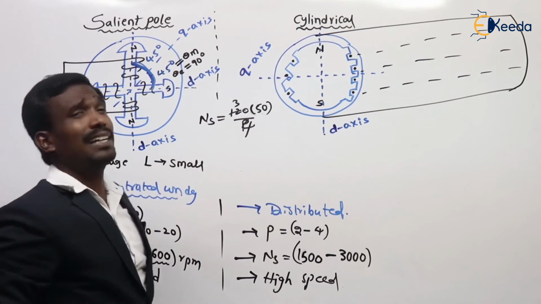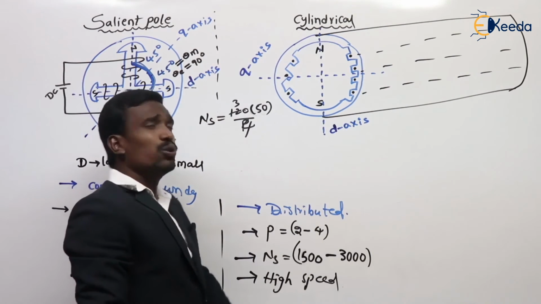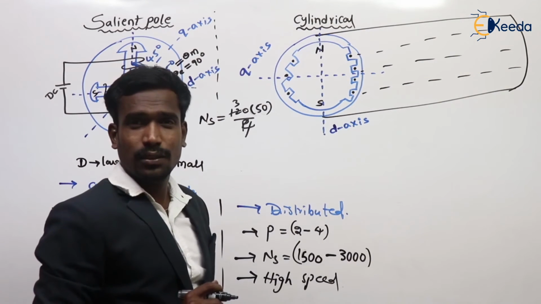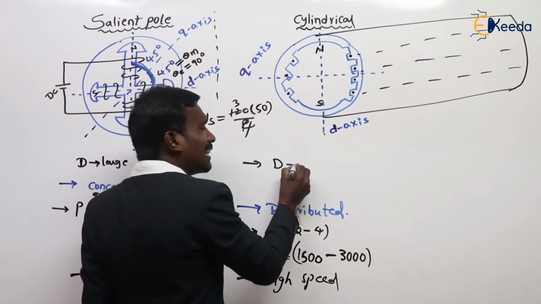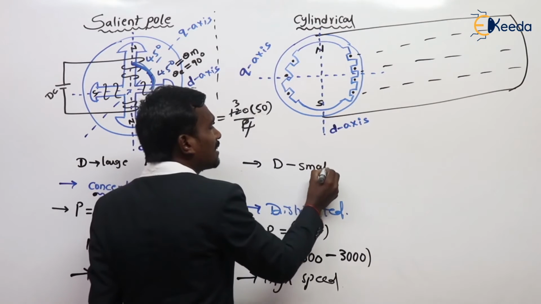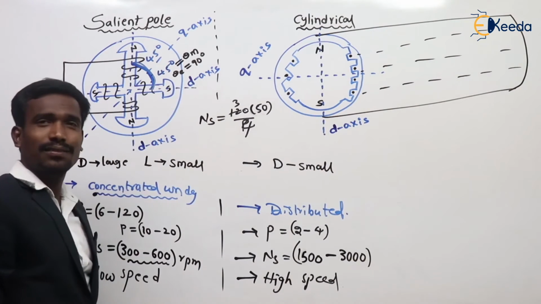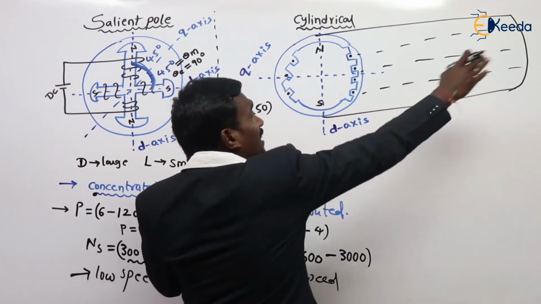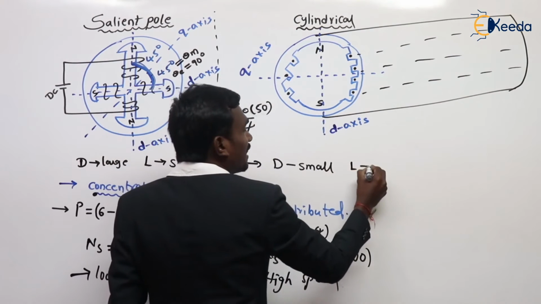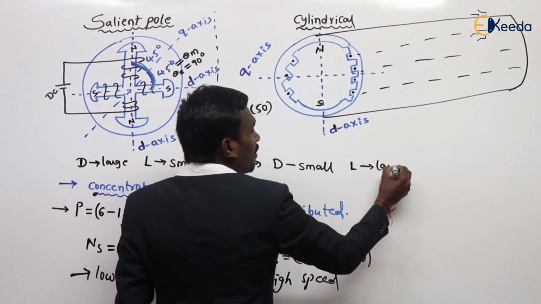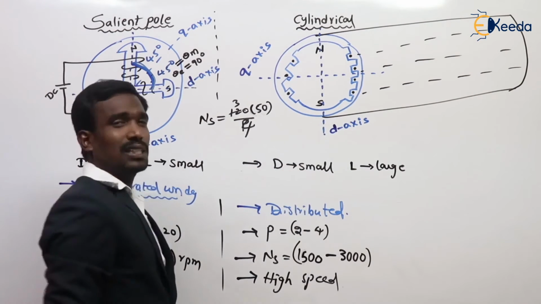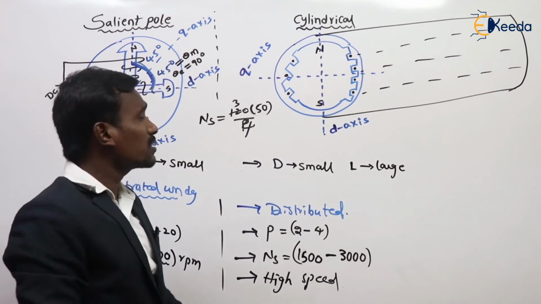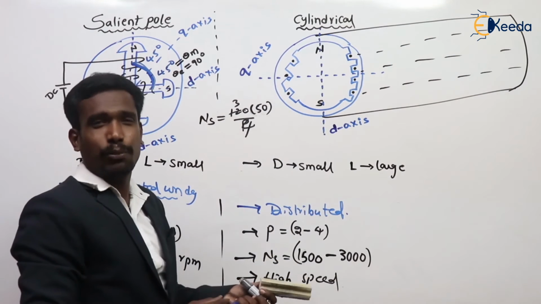Whereas in our cylindrical machine, we have only 2 or 4 poles. For 2 or 4 poles, the diameter is small, but the axial length is large. Large axial length and small diameter. This is also very, very important.